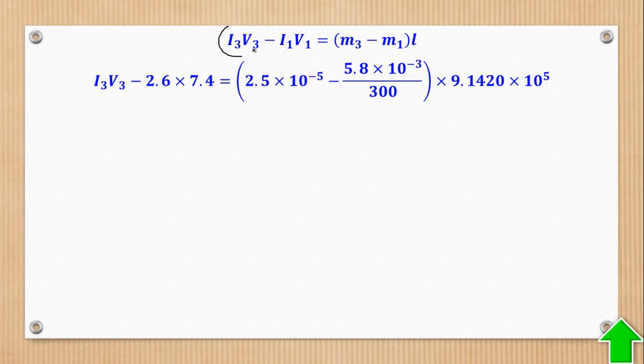So I'll substitute, leaving this one as it is because they want the whole of it. Substitute for I1, V1, M3, M1, and the specific latent heat of vaporization.